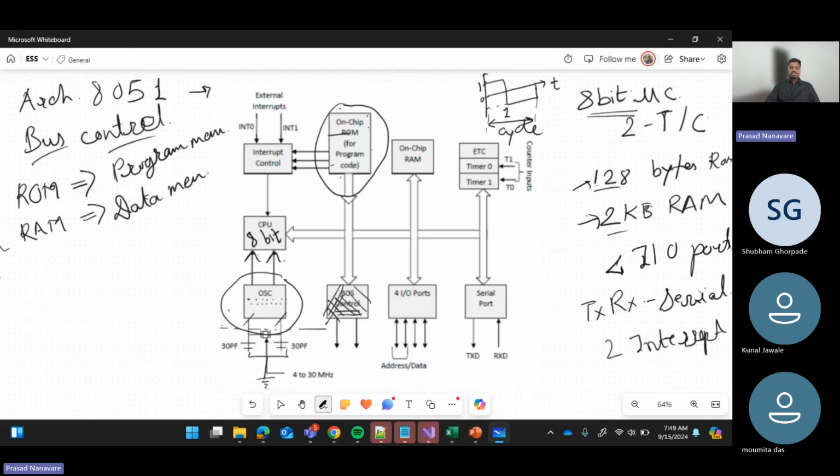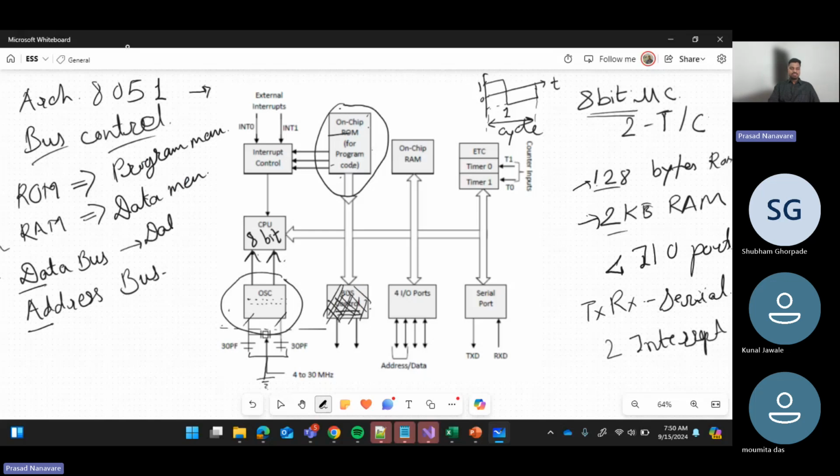What this bus control is doing is that it takes over the control of the data bus and address bus. Data and address buses are there. In the data bus, of course, as the name suggests, data flows.